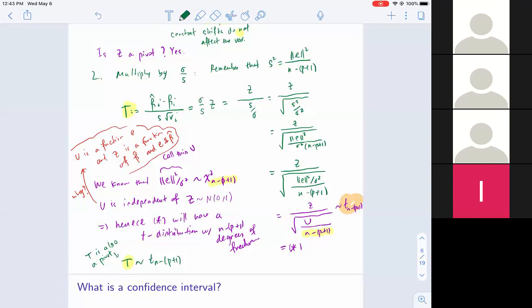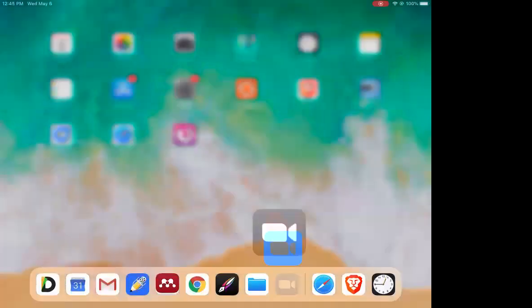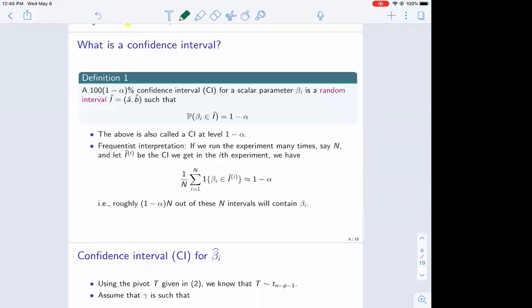Professor, I think you have quit the screen share. Oh, really? Oh, okay. This is strange. Can you see it now? Yes. Okay.